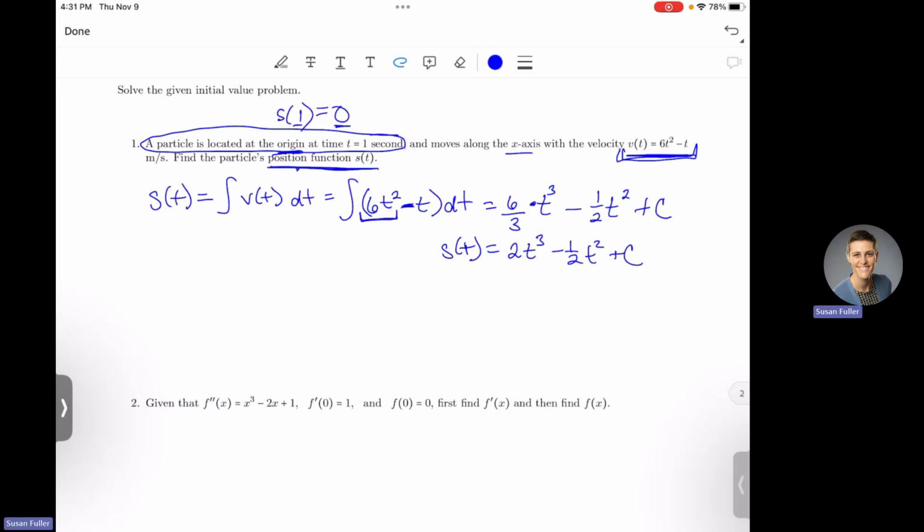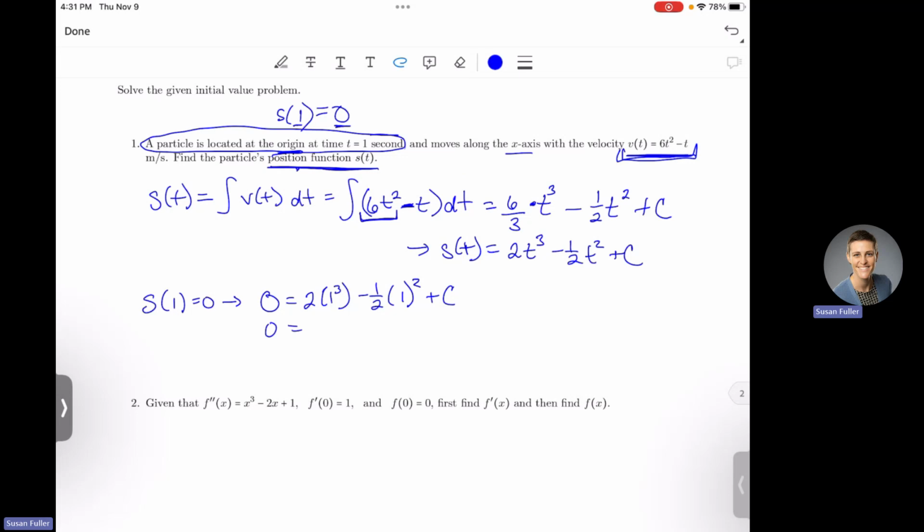So now I can use this as my initial value to solve in my position function. So I know that when t equals 1, my position is 0, which means my position is 0 when I have 2 times 1 to the third minus 1/2 times 1 squared plus c.